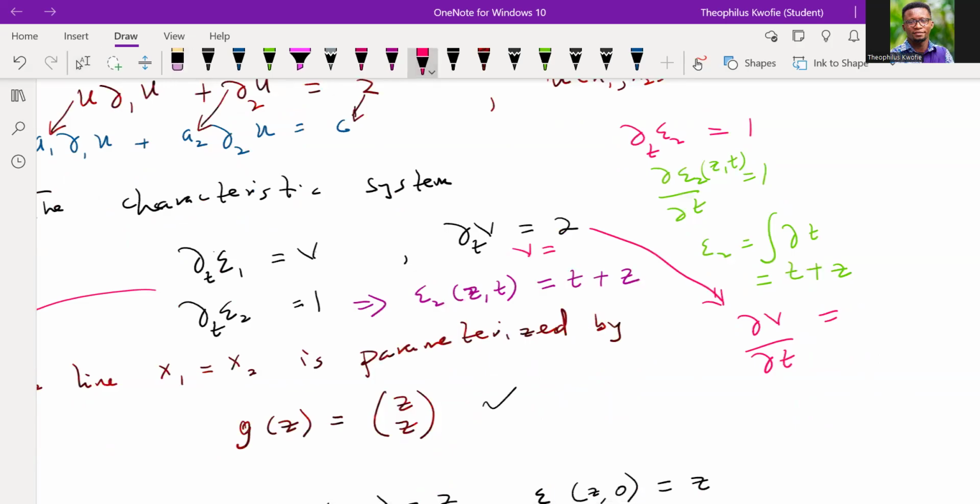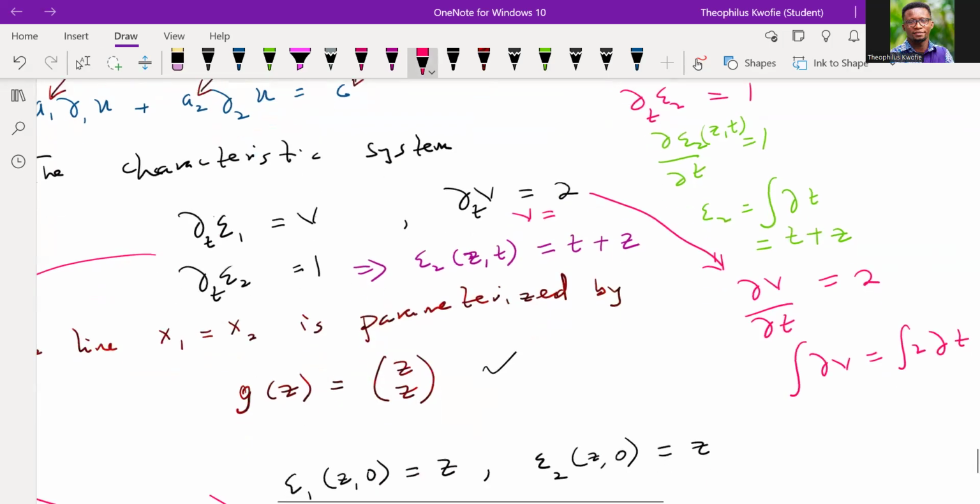So by integrating both sides, when you integrate v, you get v. When you integrate 2, you get 2t plus some constant. Remember, as we're integrating v with respect to t, we're fixing z. So the constant that should come to mind should be z. Is that okay? Good. So now we have our xi2 and then your v.